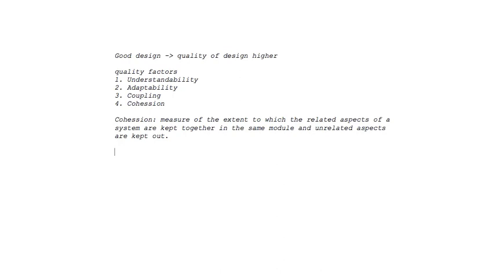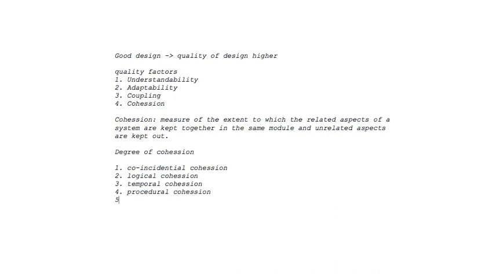So when we talk about the degree of cohesion, we can see there are different types of cohesion, five types: coincidental cohesion, logical cohesion, temporal cohesion, procedural cohesion, and the fifth one, informational cohesion.